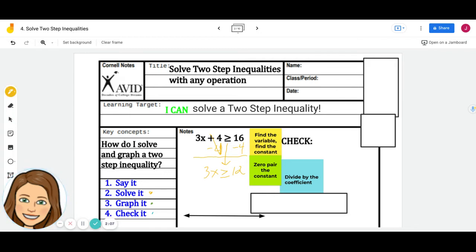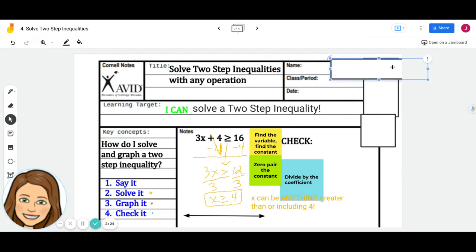The coefficient of 3x is positive 3. So we're dividing by a positive 3. So we get x is greater than or equal to 12 divided by 3 is 4. This is my solution set. What does that solution set mean? That solution set means x can be anything greater than or including 4.